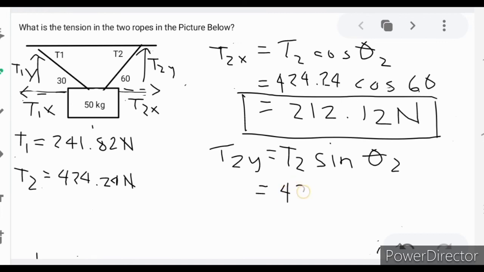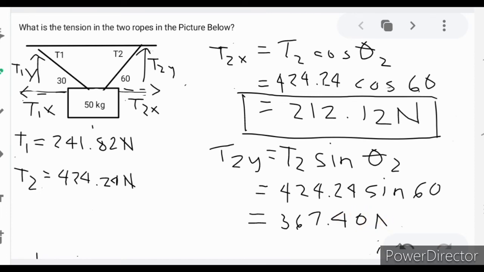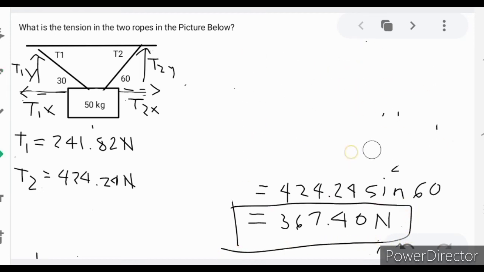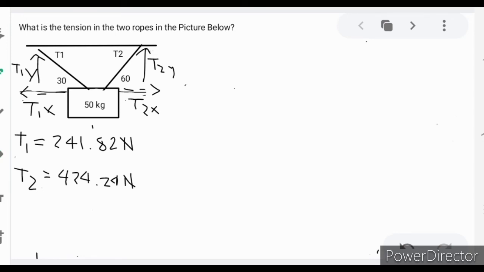We have 424.24, then sine the angle for T sub 2 is 60. Based on our calculation, we get 367.40 Newton. So that are the values for T sub 2.